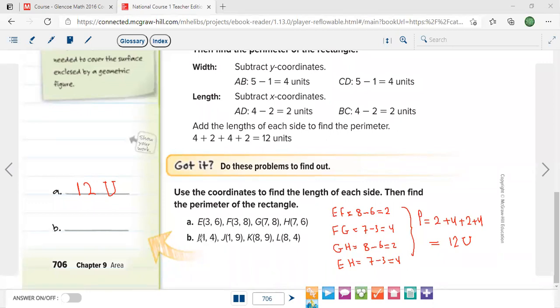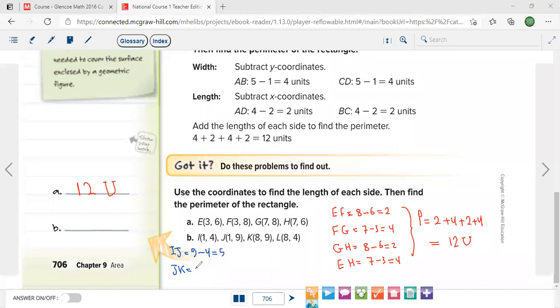Now let's solve problem B. The figure is IJKL. Let's take IJ. Cancel the 1s. So 9 minus 4 will give you 5. Take JK. Cancel the 9s.